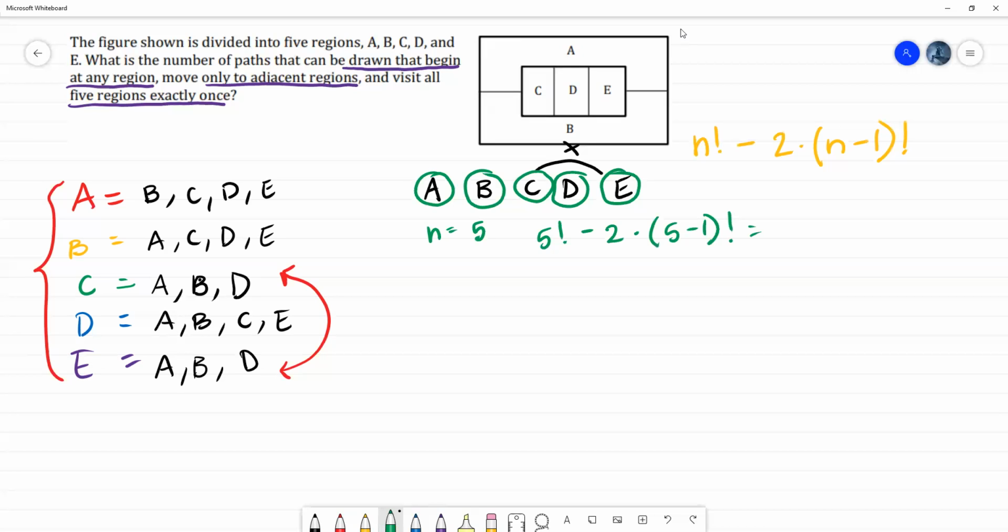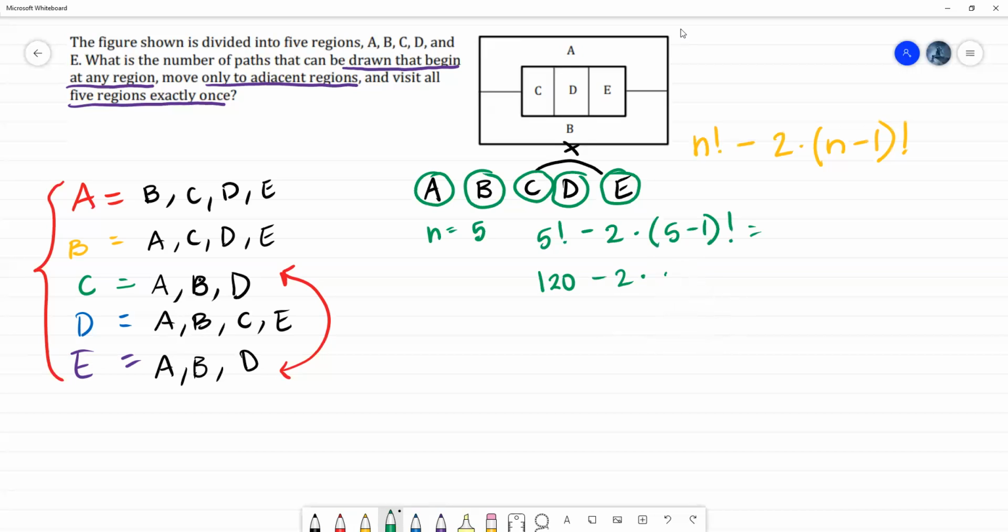If we solve that, 5 factorial is 120, minus 2 times 4 factorial. And 4 factorial is 4 times 3 times 2 times 1, which is 24.